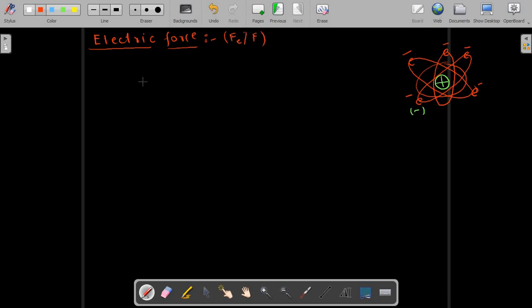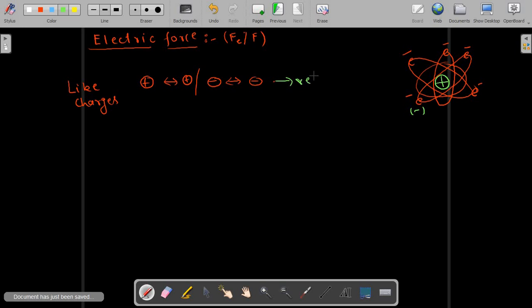Okay, so when you have like charges, plus and plus, or minus and minus, like charges, then this is what? This is repulsion.